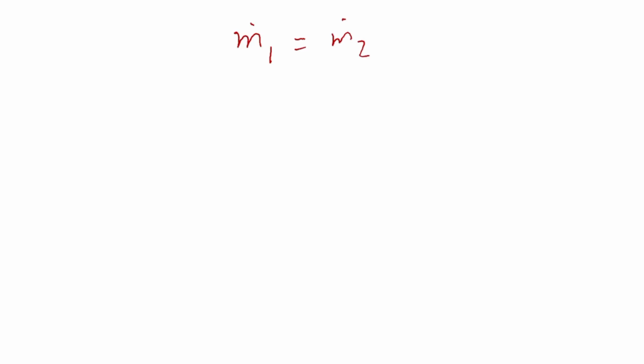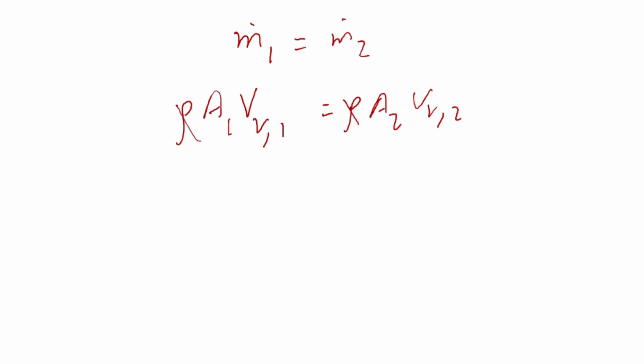But now when you're writing the mass flux, it is no longer rho A V, it is rho A times the relative velocity at 1, equal to rho A2 times the relative velocity at 2. So the rho cancels out. Okay, so the area 1 is 10 meters square, times the relative velocity times area. Actually, we can keep it, go from here.